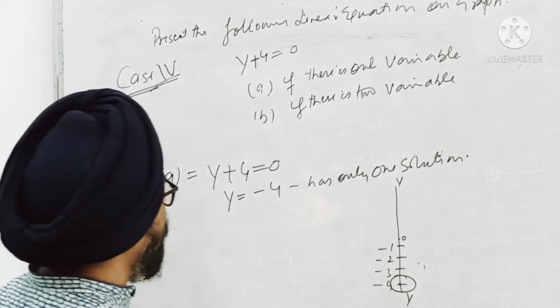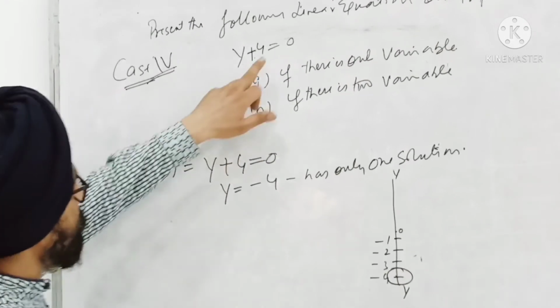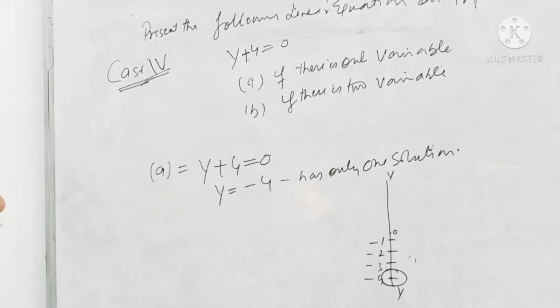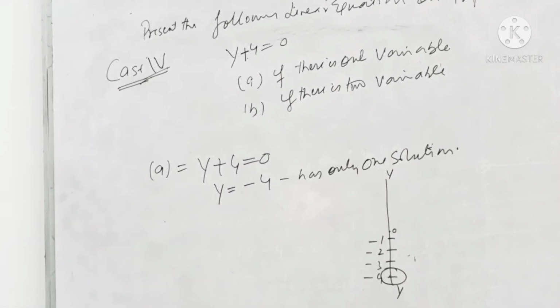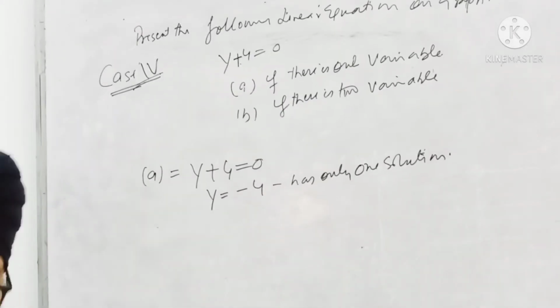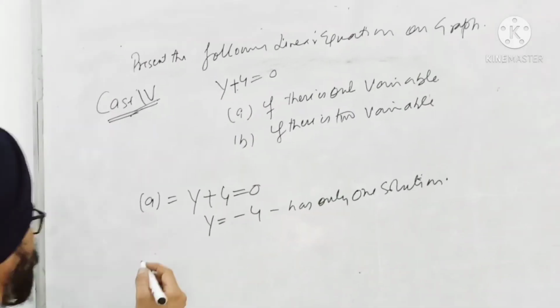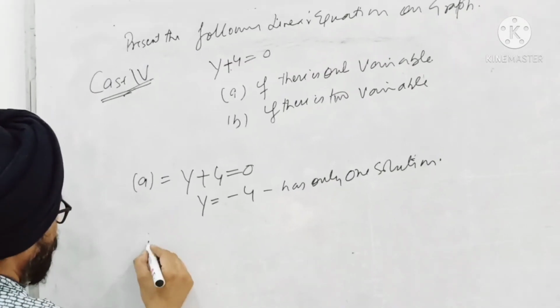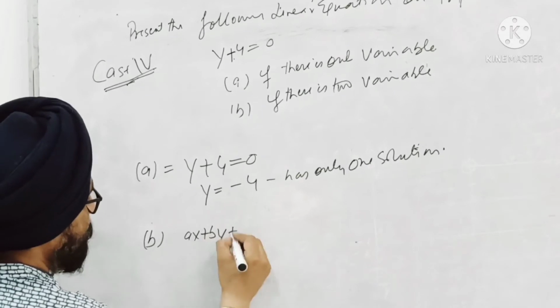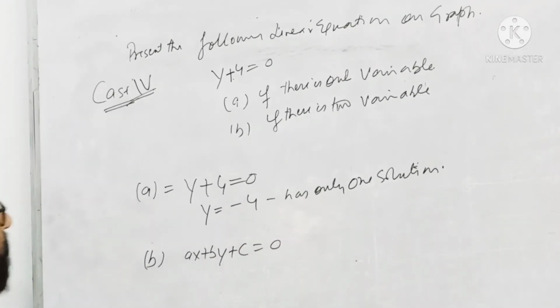If we treat y plus 4 is equal to 0 as a two variable equation, it must be presented in the mathematical form ax plus by plus c is equal to 0.